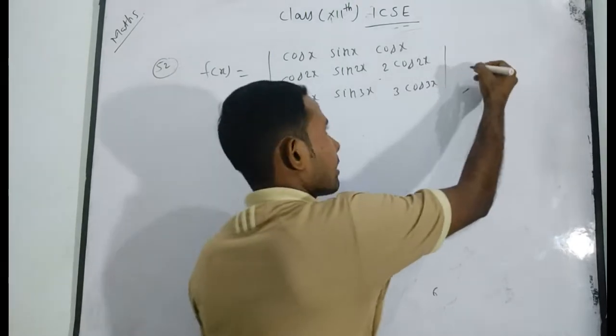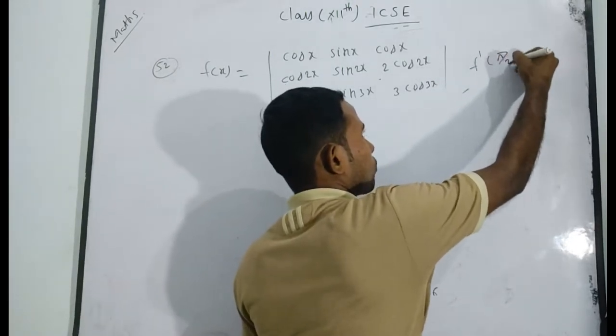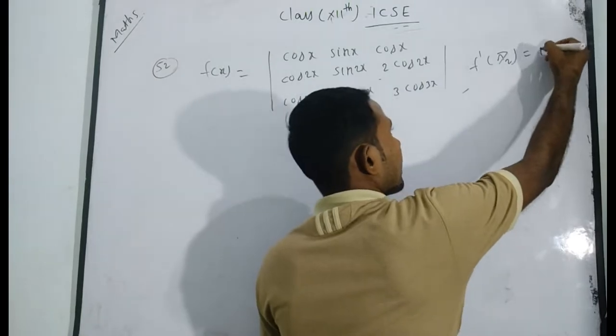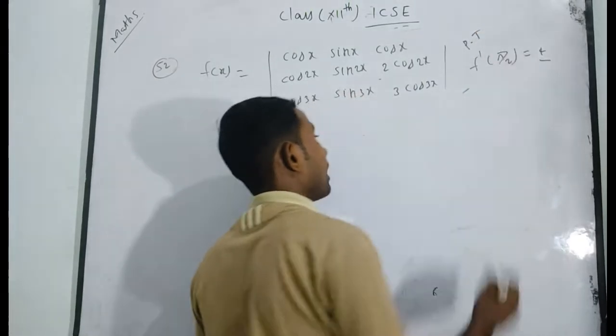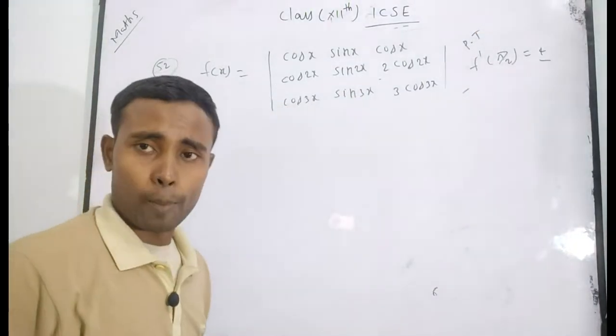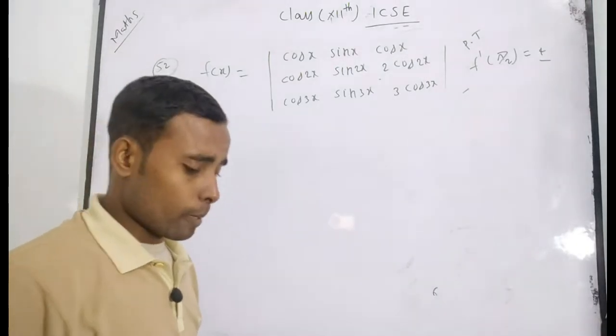Now you have to find the value of f dash pi by 2. Sorry, you have to prove that the value of f dash pi by 2 will be 4.